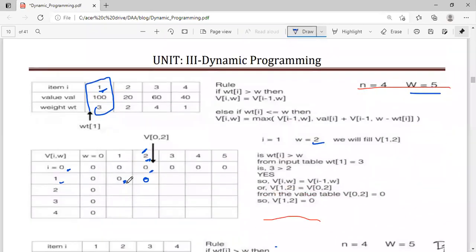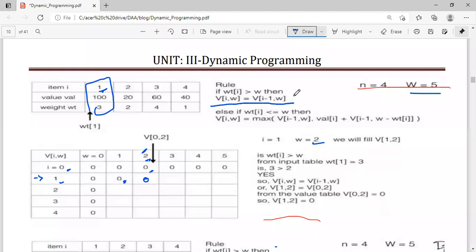Here we are operating only on item 1. We are just focusing on item 1 only. Now we increase the w. In the previous one w was 1, now w is 2. I is equal to 1, w is equal to 2. So what is wt of I? The first item's weight is 3. 3 greater than 2, yes, true. So the same operation we need to perform.